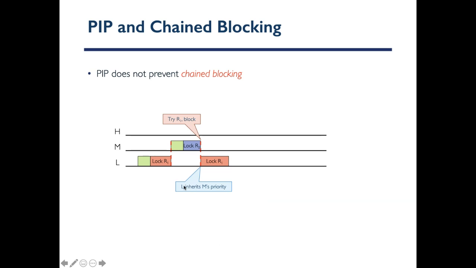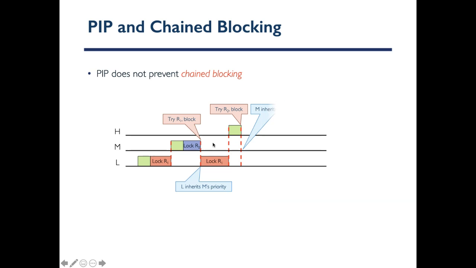Now I elevate L to M's priority because of PIP. Let's say L continues until H comes. Now H comes in this case. Now let's say H this time wants R2, right? Now R2 is locked by M.